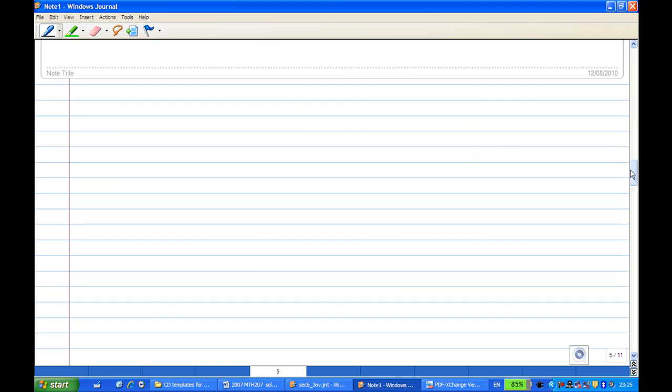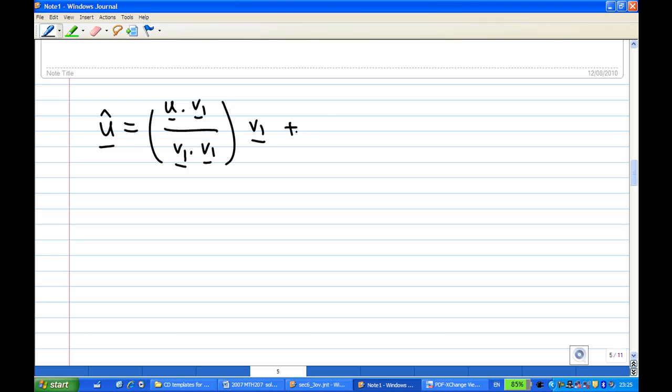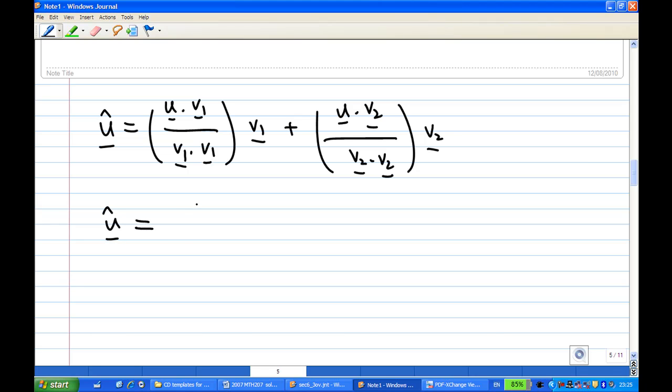Therefore, U cap is equal to U dot V1 over V1 dot V1 times V1, plus U dot V2 over V2 dot V2 times V2. U dot V1 is 1, V1 dot V1 is 3, so 1/3 of V1, which is (1, 1, 1).